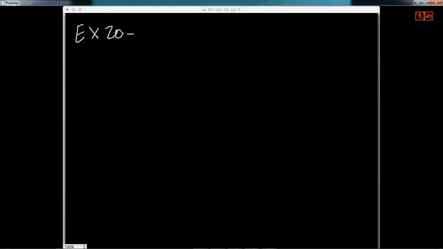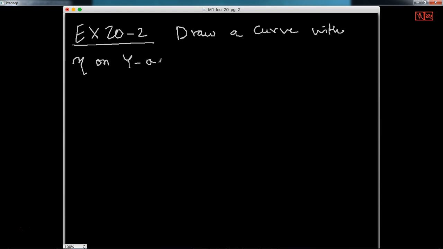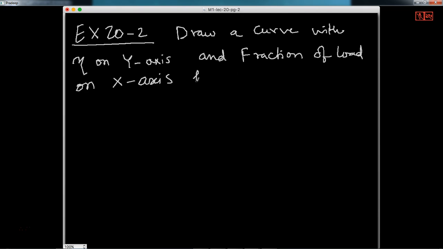Just take 20.2. Draw a curve with efficiency on y-axis and fraction of load on x-axis for the following transformer.